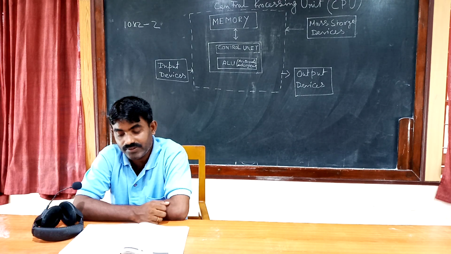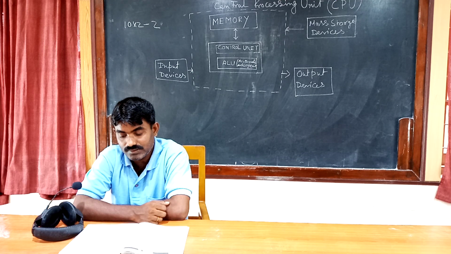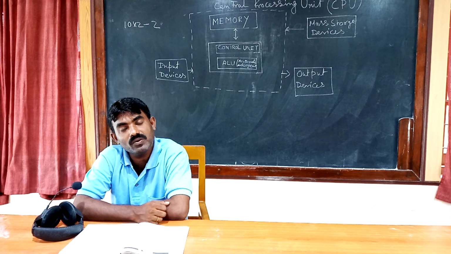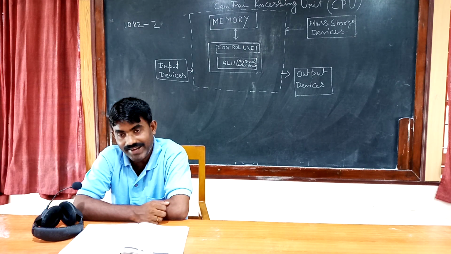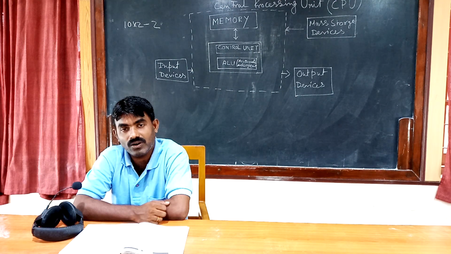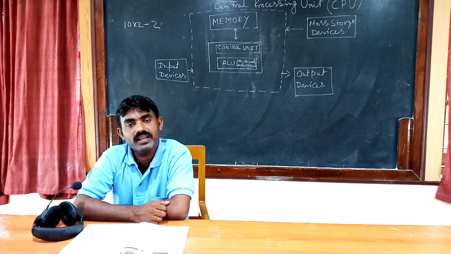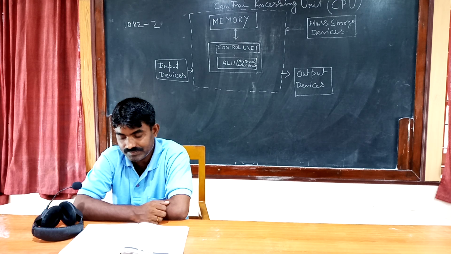There are the central processing unit and the arithmetic logic unit. The different parts of the CPU are the arithmetic and logical unit, the control unit, and the primary storage unit or memory. So, what is ALU, the arithmetic and logic unit?